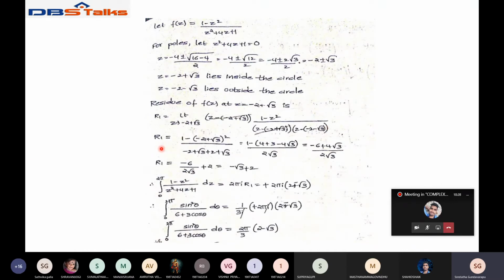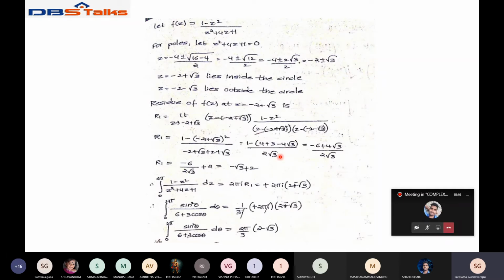So substitute the limit value z equal to minus 2 plus root 3. After calculation we get minus root 3 plus 2. So this is R1. R2 is 0, that is, the second pole is outside the circle. That's why R2 is 0.